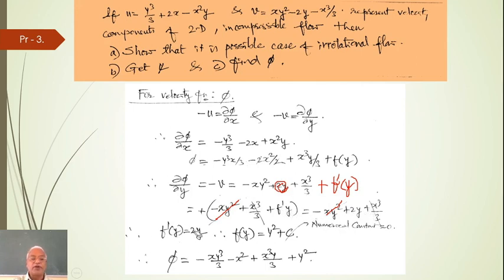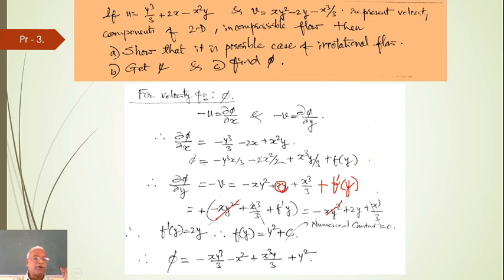That is what I have got. Then f of y, integrating 2y, is y squared plus c, a numerical constant, which is taken as 0.